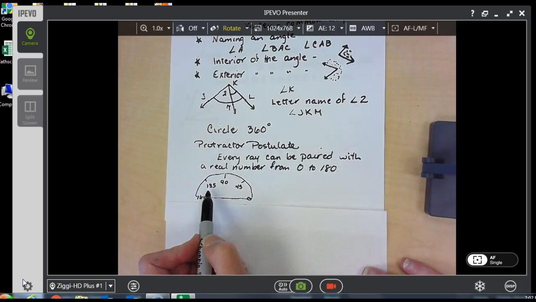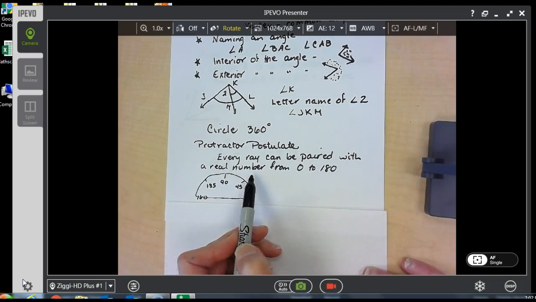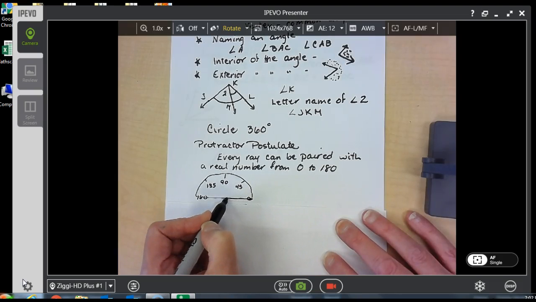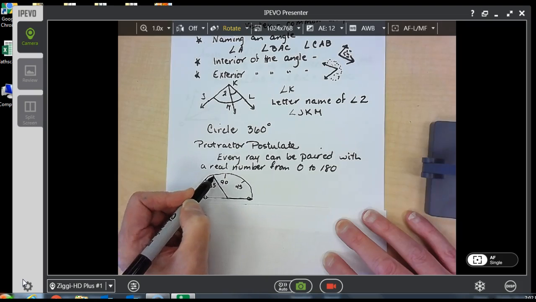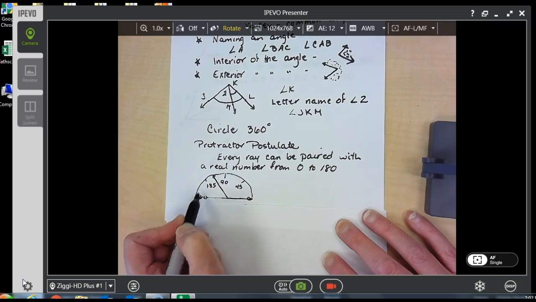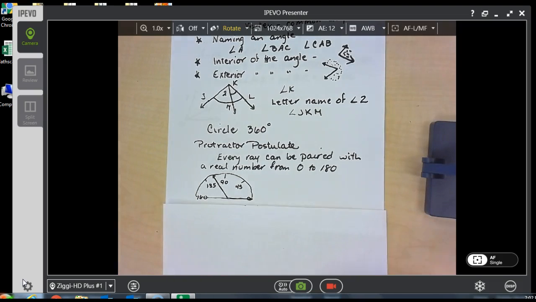The protractor, again, goes from 0 to 180 as you go around it. So every ray can be paired with a real number from 0 to 180. If you were to draw an angle in here and put it off, there would be a number measure from 0 to 180 that would match that angle. So we call it the protractor postulate.